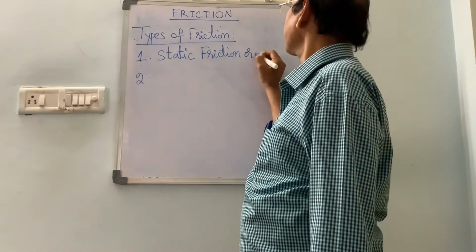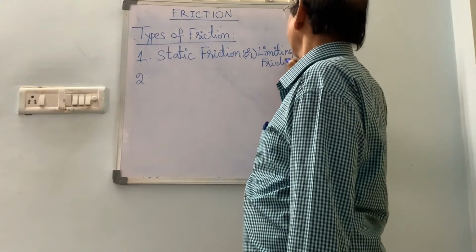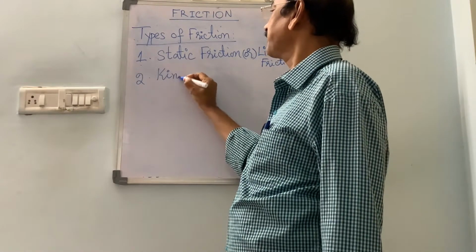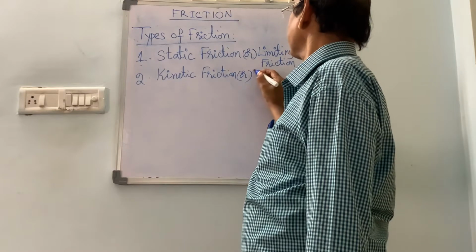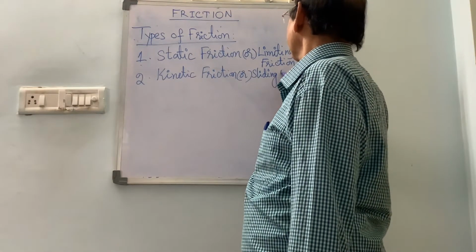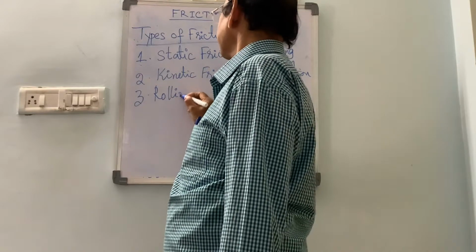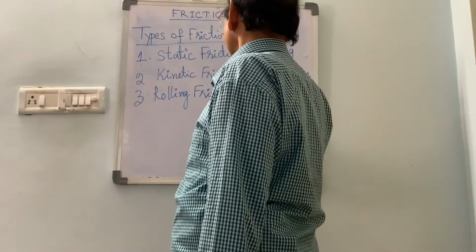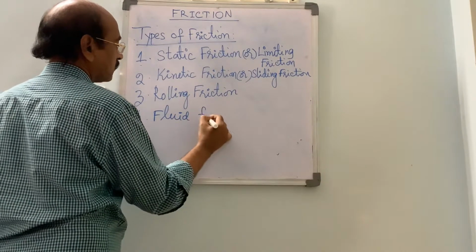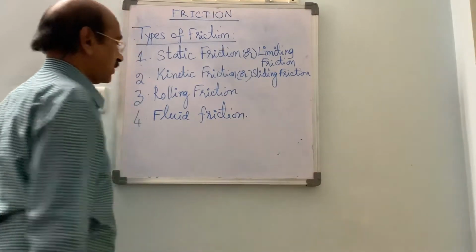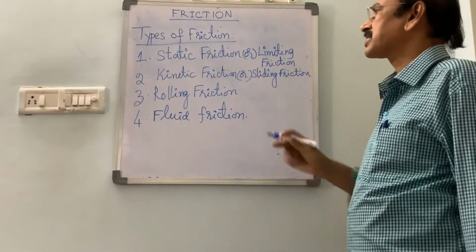First one is static friction or limiting friction. Second one is kinetic friction or sliding friction. Third one, rolling friction. Fourth one, fluid friction. It is air friction.